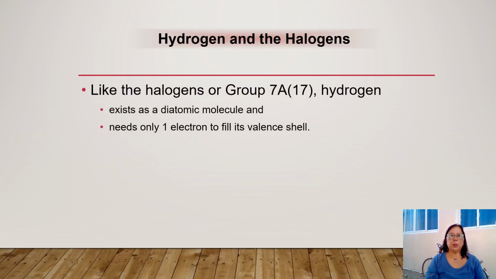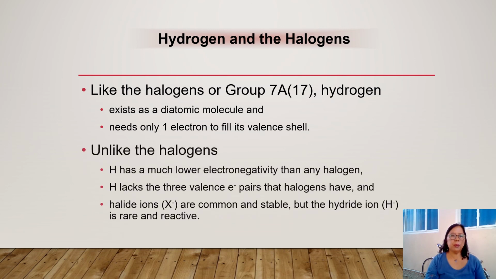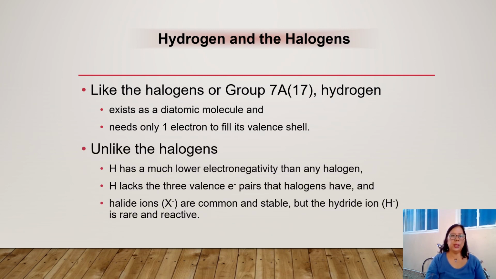Like the halogens of group 7A, hydrogen exists as a diatomic molecule, H2, at free state, and it only needs one electron to fill its valence shell. But unlike halogens, hydrogen has a much lower electronegativity, and hydrogen lacks the three valence electron pairs that halogens have.